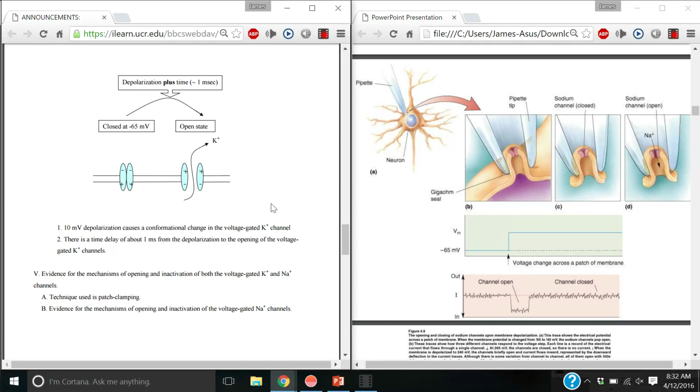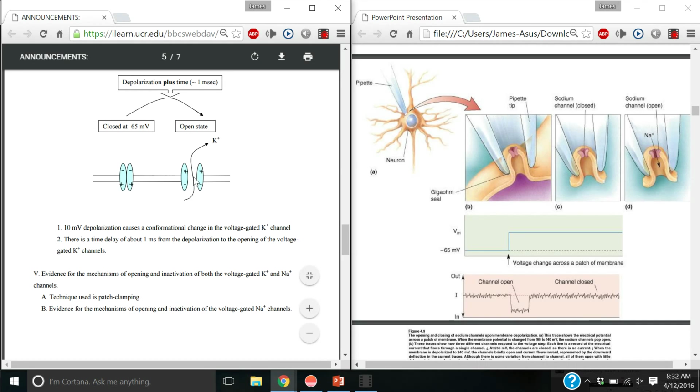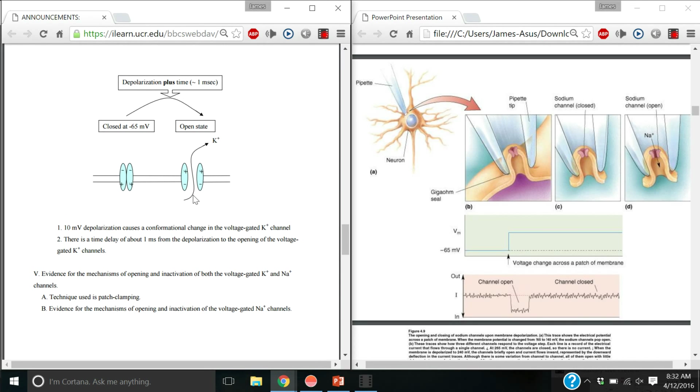So the voltage-gated sodium channel opens almost immediately with depolarization. The voltage-gated potassium channel opens with depolarization, but with a delay. So what it takes to go from here to here is depolarization plus time, roughly a millisecond or so. And that's what causes the transition from the closed to the open state.